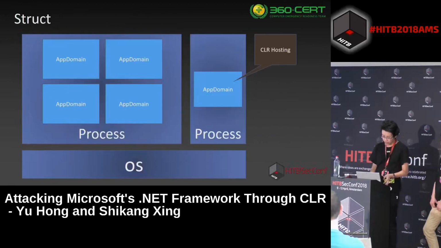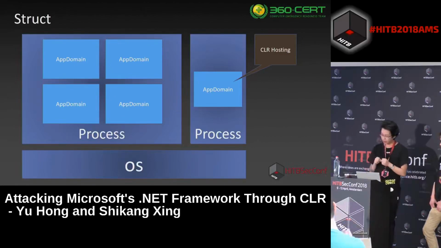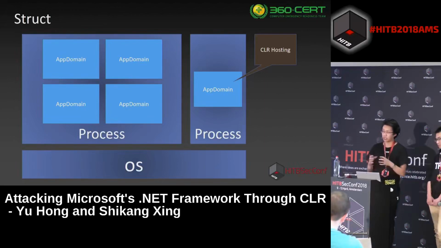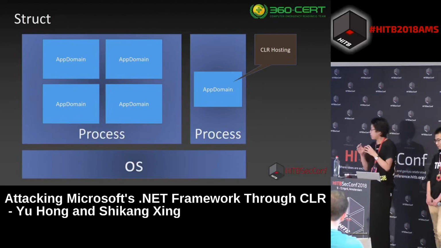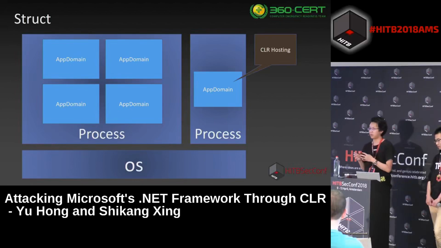So the next page, you know, the operating system and the runtime environment provide some process to load the program. But in .NET, it includes the hosting program and the non-hosting program.